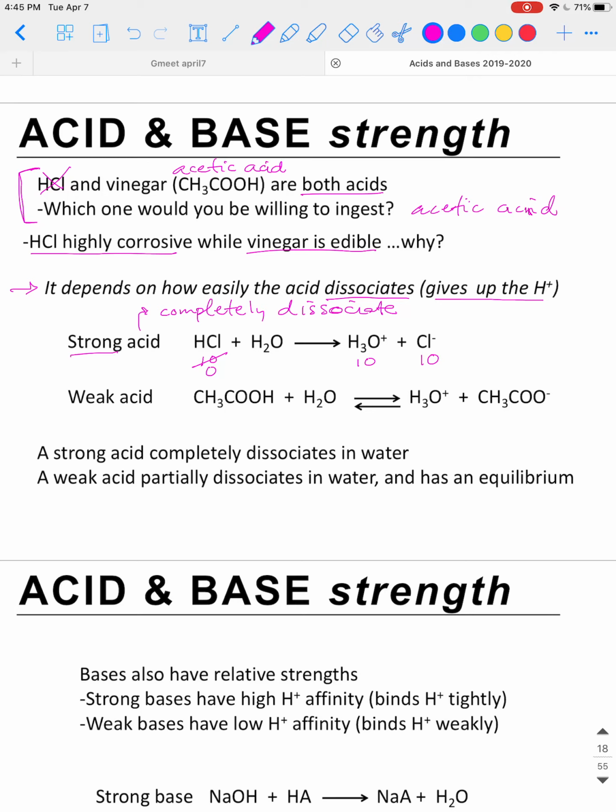A weak acid does not completely disassociate. A weak acid partially disassociates, okay?